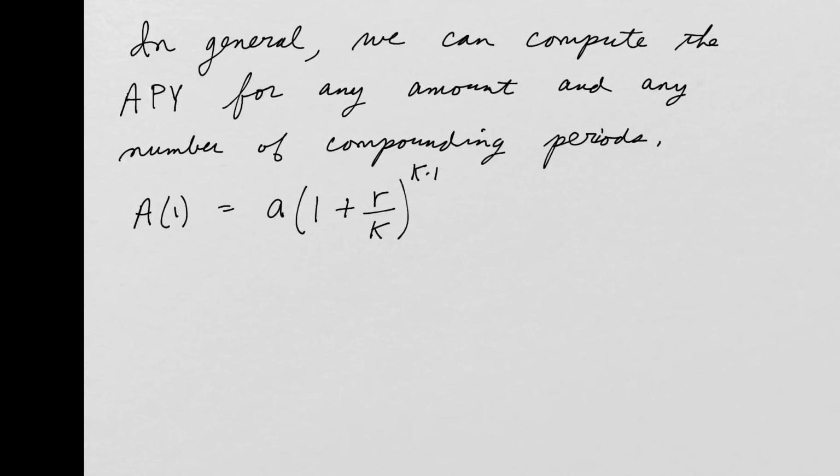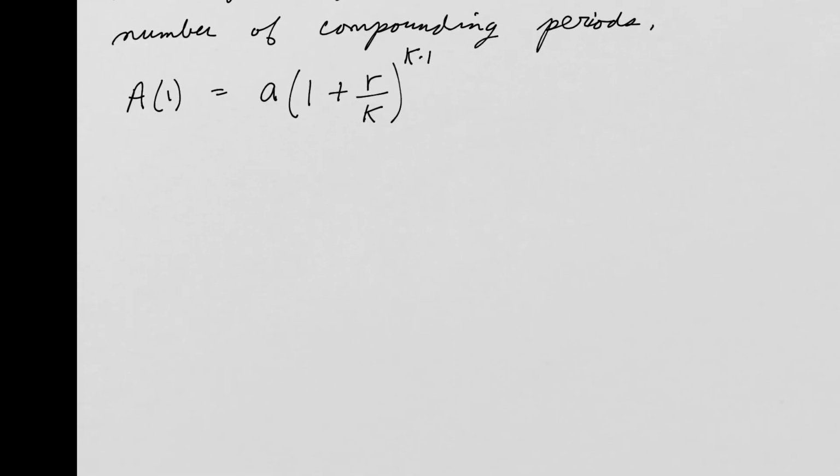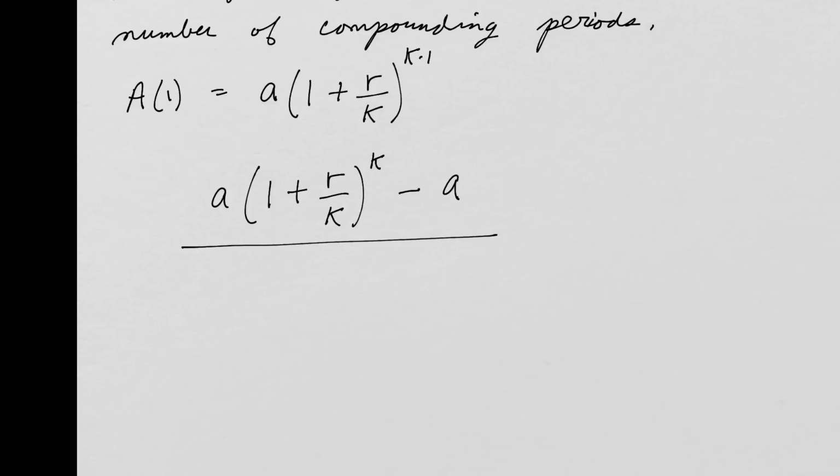So how do I find my percent increase? Well, my original amount was A, so my final amount is A times (1 plus R over K) to the K. I subtract my original amount and I divide by the original amount.